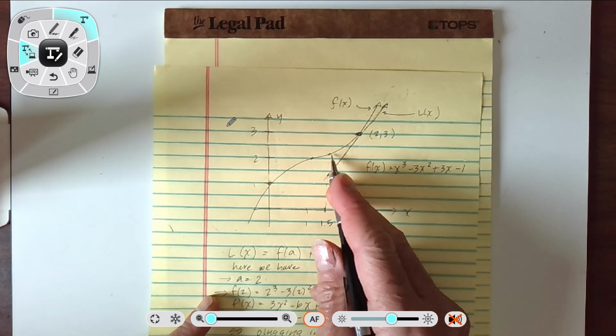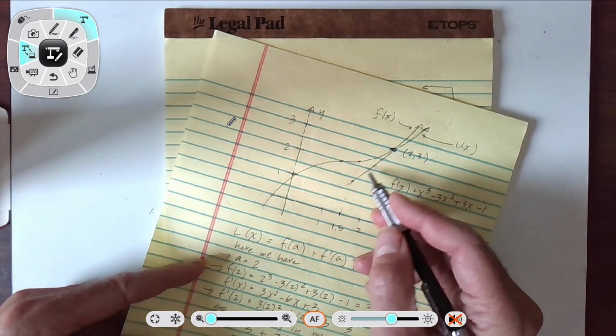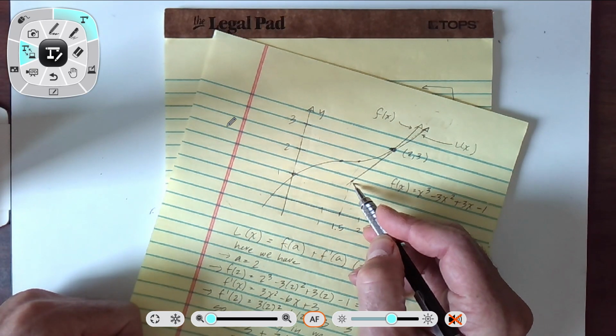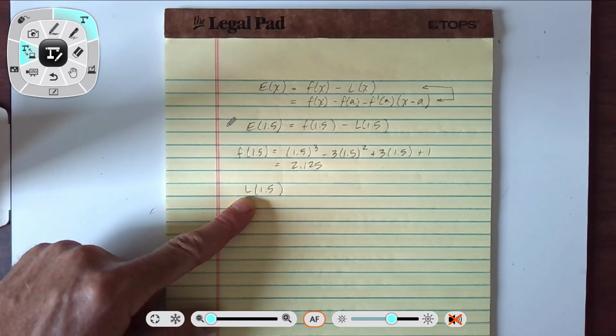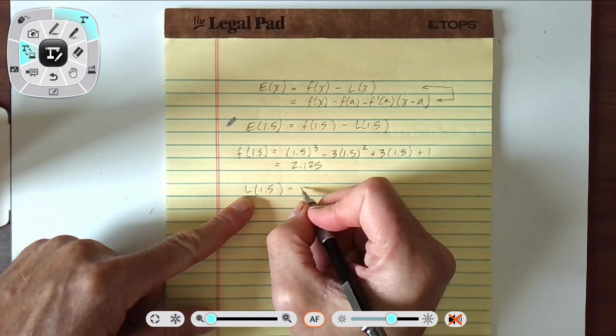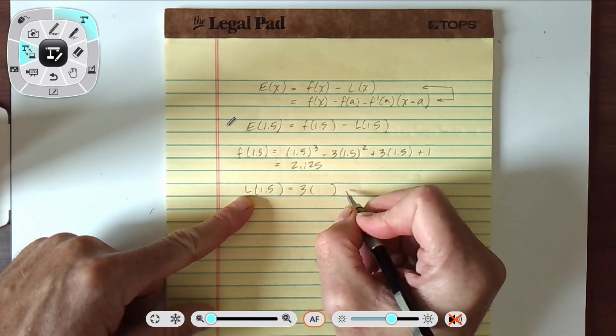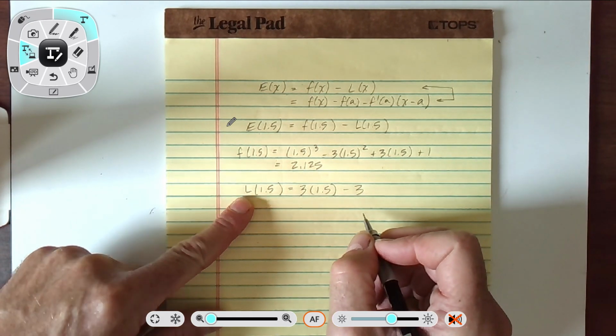The value of the function is at 2.125. That seems to make sense, right? But it looks like the local linearization will be much lower than the value of the function. So my guess is that local linearization will give me something much smaller. And we know that the local linearization line is just 3x minus 3. So I'll do 3 times 1.5 minus 3.